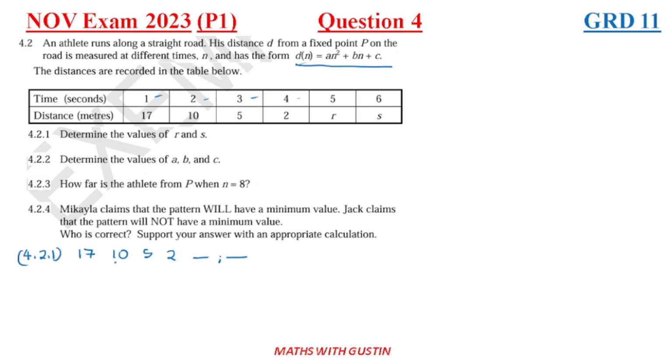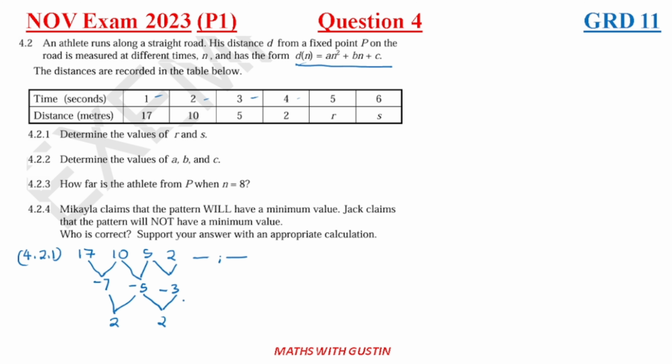So 10 minus that will give us -7, and therefore 5 minus that will give us -5, and then 2 minus that will give us -3. Therefore we must continue here. -5 minus -7 will give us +2. -3 minus -5 will give us 2.